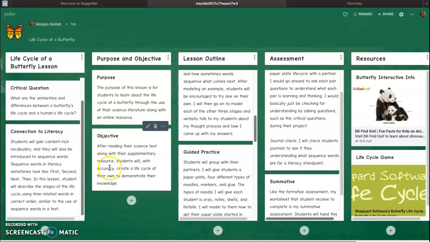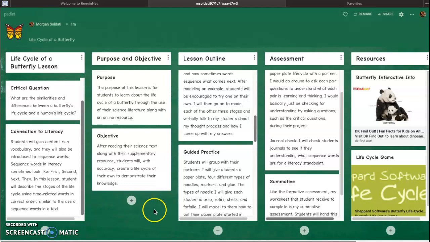When I say with accuracy, I'm referring back to the time-related words. When they have to label it, which will be in my lesson outline, that is accurate labeling of which one goes to each picture, but also using those words to signify what is happening in the life cycle and making sure they really understand that first, second, third, fourth makes a difference in a life cycle.